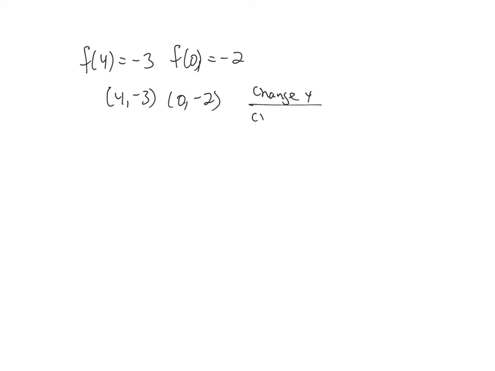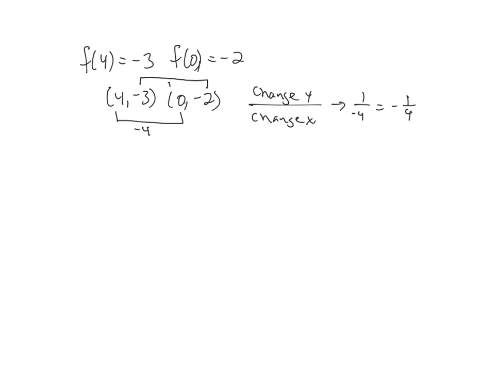So do our slope, change in y, change in x. From -3 to -2, it goes up 1, positive. From 4 to 0, it goes down 4. So our slope is -1/4.